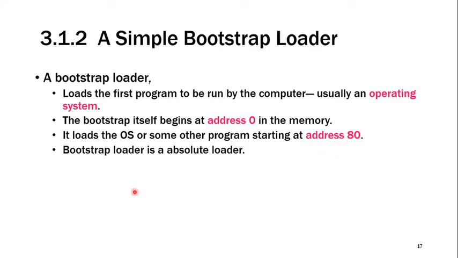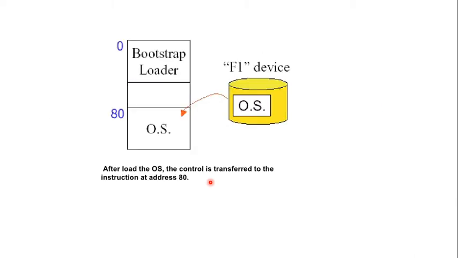And the final point I want you to be clear about: the Bootstrap loader is also considered an absolute loader. I hope you understood the concept of absolute loader from my previous presentation, because it never changes the address every time. When the address never changes, object codes never vary. Here also I am talking about the address in the main memory.